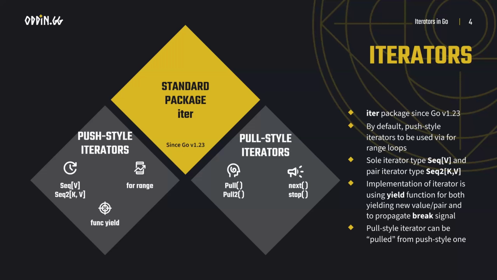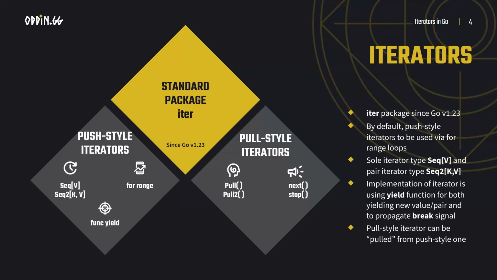Basically, as you can see, we have two styles of iterators. The basic style is the so-called push style. It is the one that is natively used in Go. It is tightly connected with some generic types, called Seq and Seq2, which I will call iterator and pair iterator.